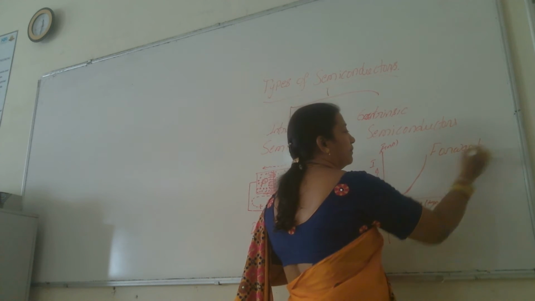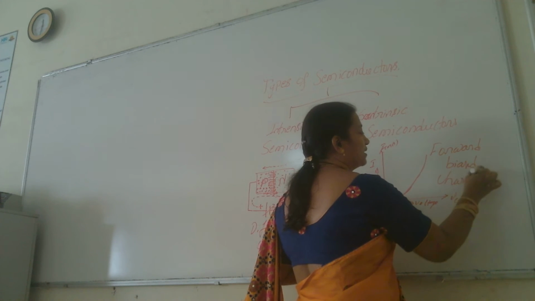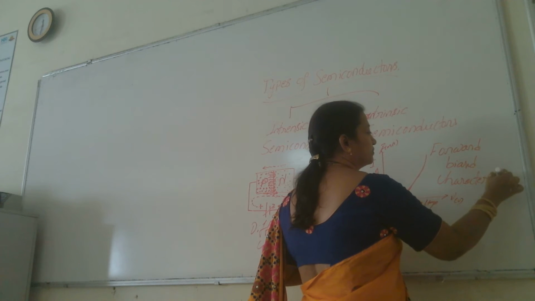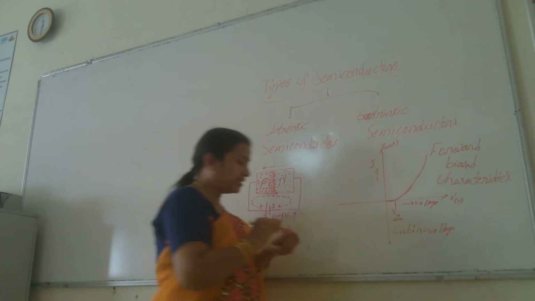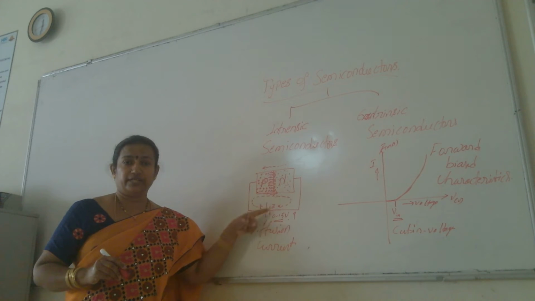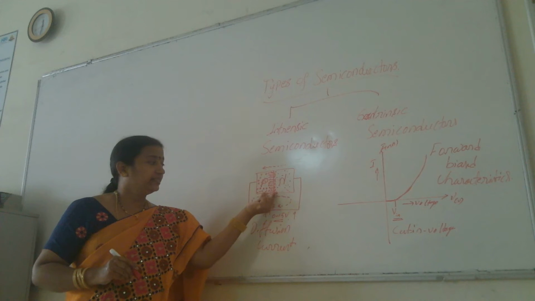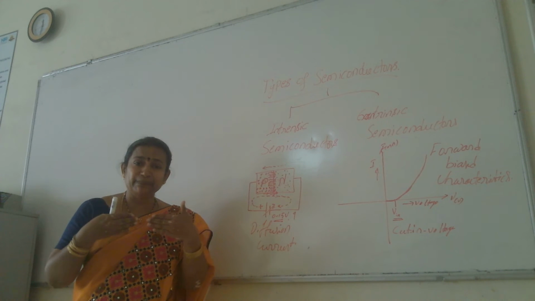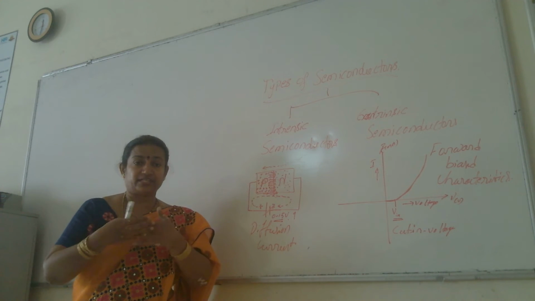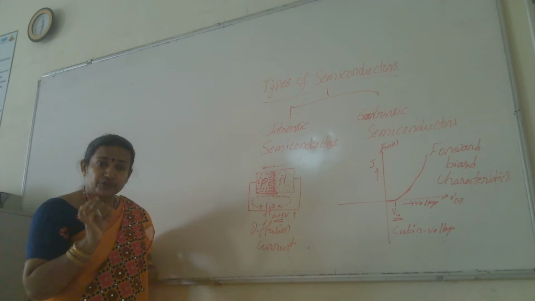Forward biased characteristics. Forward bias means the p-type is connected to the positive polarity and the n-type is connected to the negative polarity, and because of this supply, the depletion region is minimized. That means majority charge carriers are crossing the junction, so the depletion region is reduced.